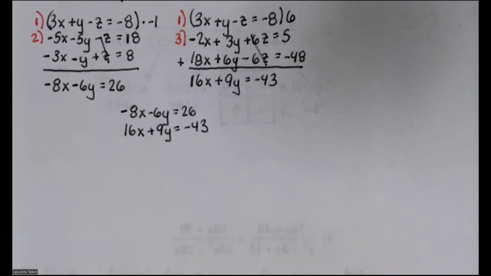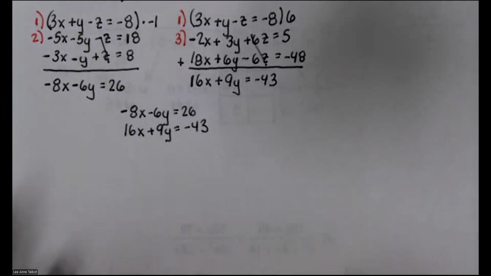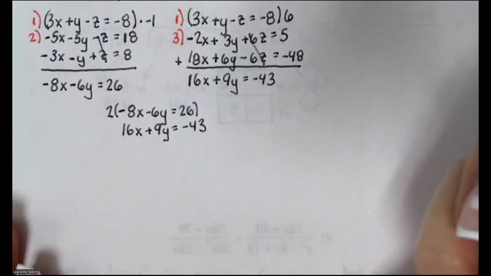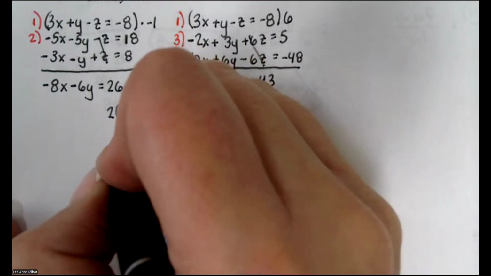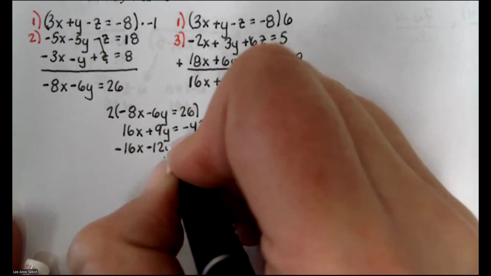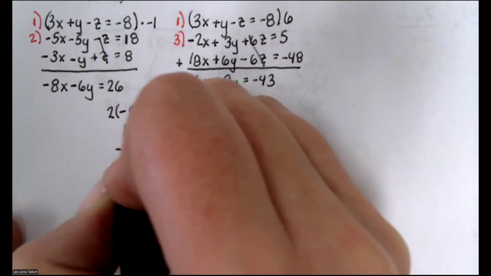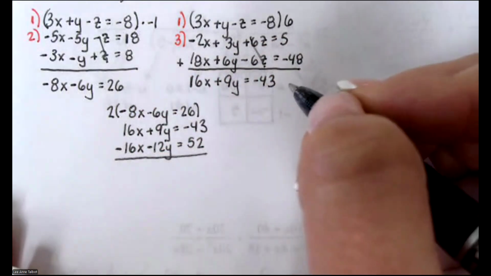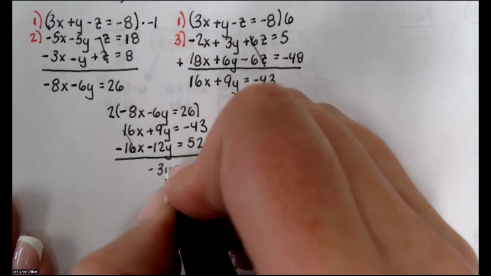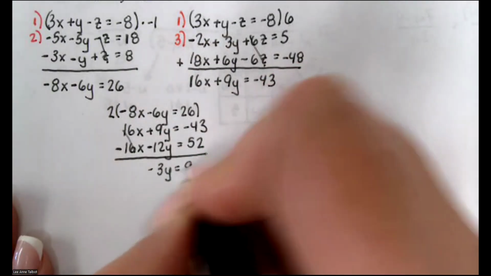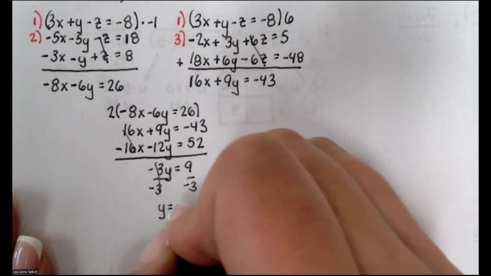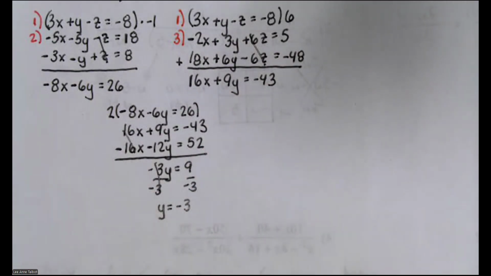Okay, what's next? Multiply the top by 2. Moment of truth. Yay. Whole number.